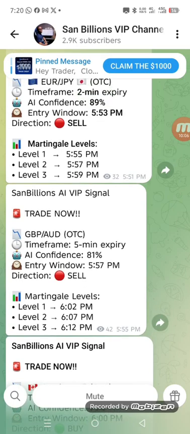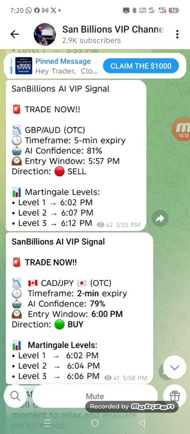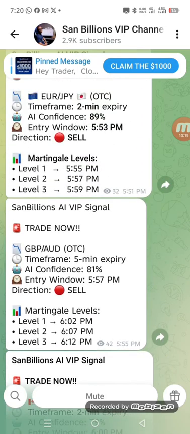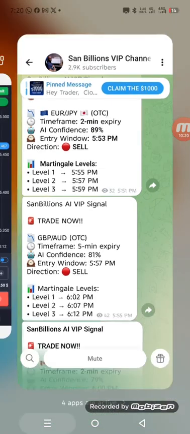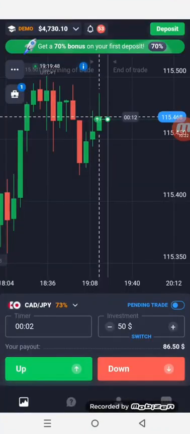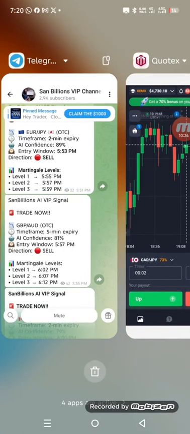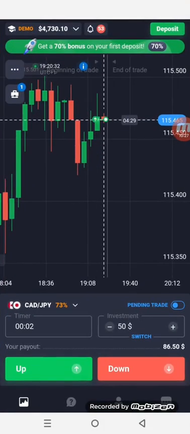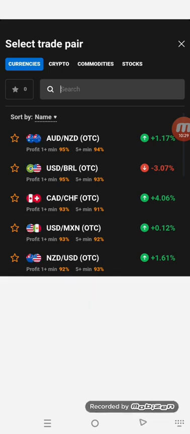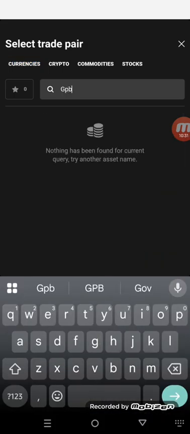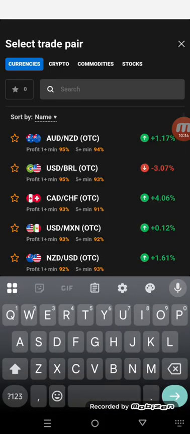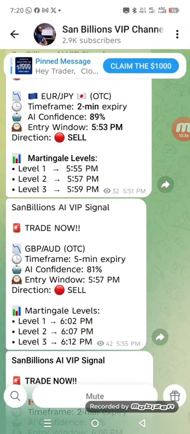Now if you see this one, say GBP AUD OTC, time frame 5 minutes. You see the one we took the first time was 2 minutes. Now this trade is saying 5 minutes expiry time. So let me show you how to go about it. If you check it, GBP AUD.